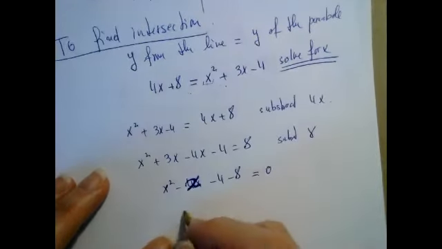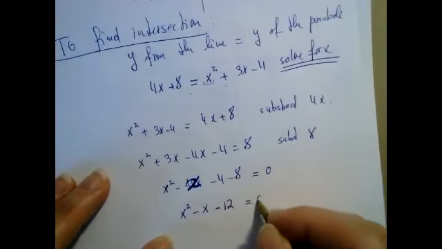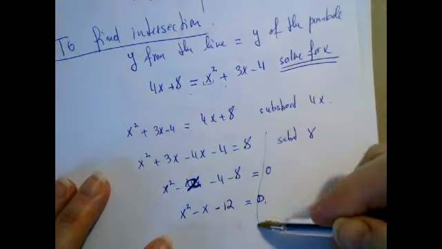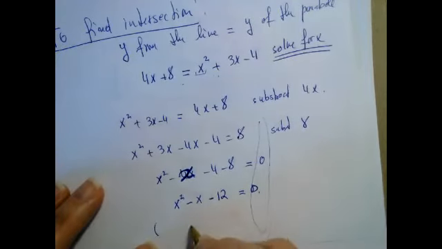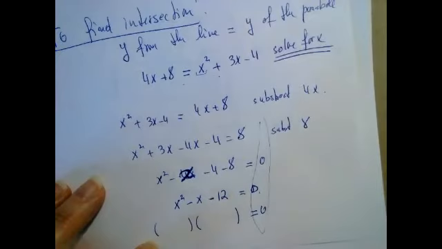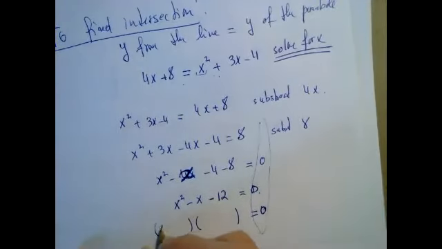Okay. So this will give me x squared minus x minus 12 equal to 0. So remember, to solve those, I want to make it so that there is only 0 on one side. And now I factor. So you set one side to 0 and then you factor. All right, what are the factors here?